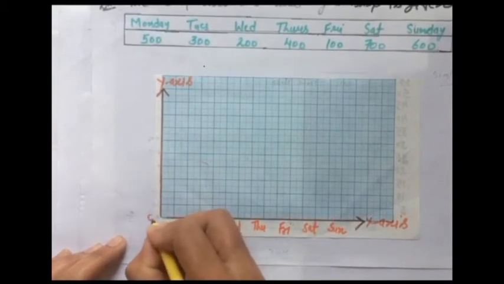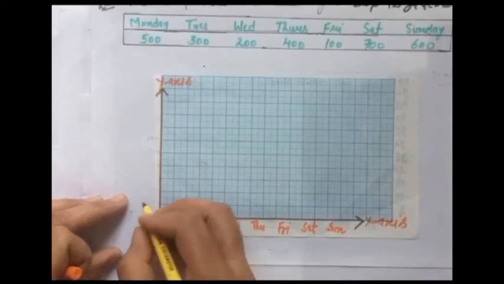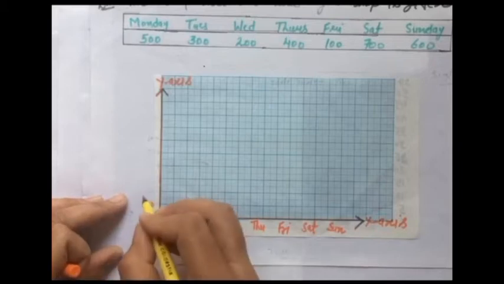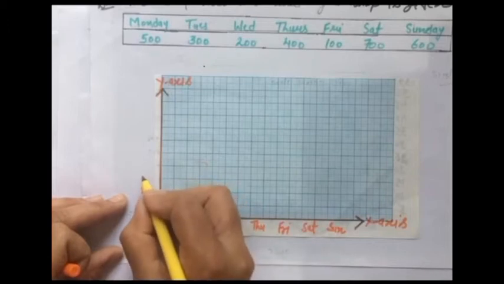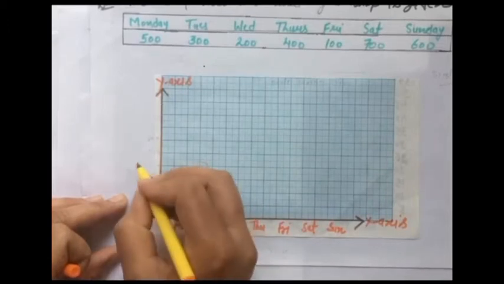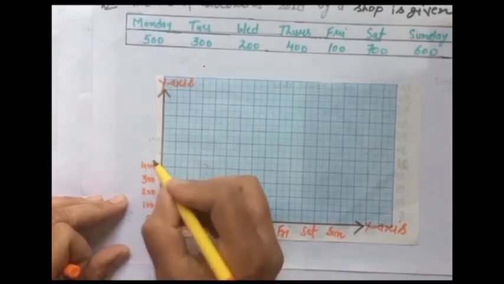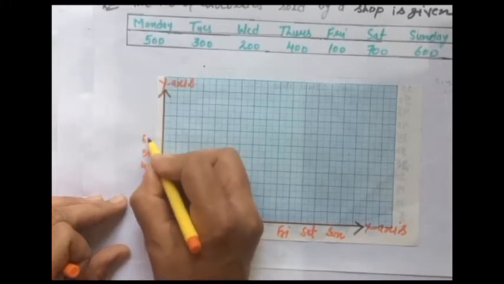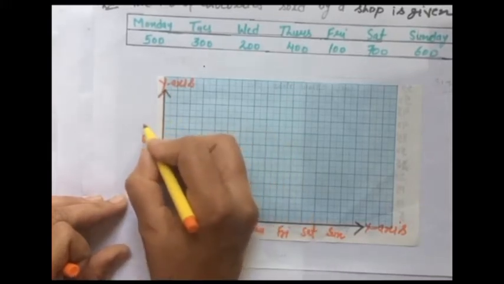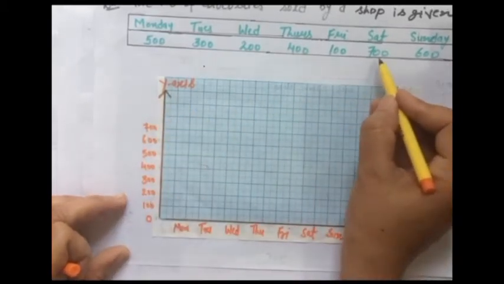So write here 0, then write the smallest value 100, next 200, then 300, 400, 500 and 600, 700, as our highest value is 700.